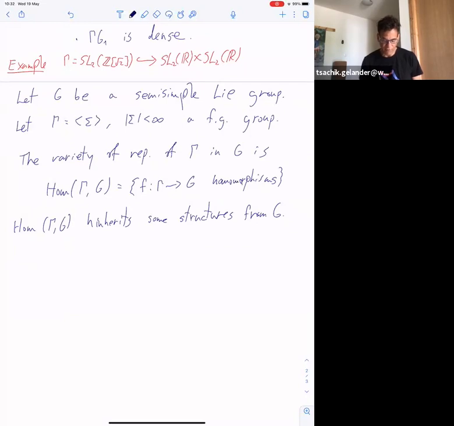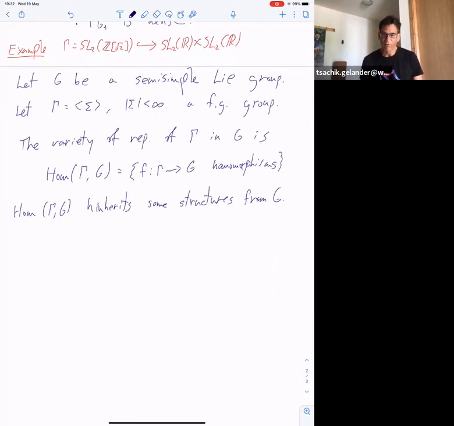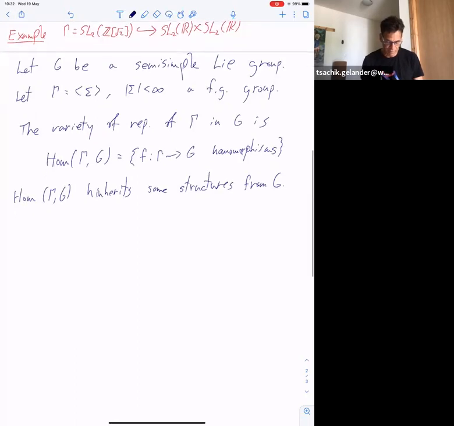So of course, if G is finite, then Hom(gamma, G) is a finite set. That's one. If G is a topological group, and in our case, G is a semi-simple Lie group, so G is in particular a topological group, then Hom(gamma, G) is also a topological space.